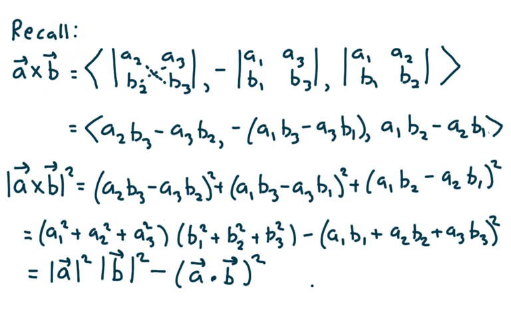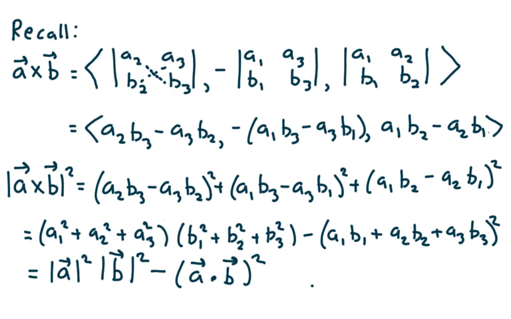And so I'm going to square each of the components of A cross B and add the results. And so when I do, I get A2 B3 minus A3 B2 quantity squared plus A1 B3 minus A3 B1 quantity squared plus A1 B2 minus A2 B1 quantity squared.